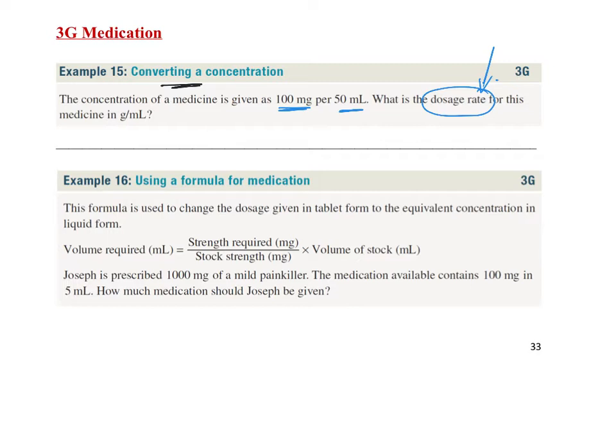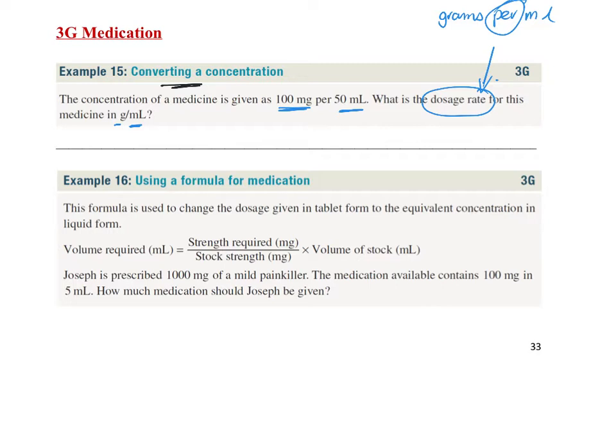They're wanting the rate to be in grams per millilitre. A rate is just something like kilometres per hour, metres per second. It's something like you do something per a time frame, or something per a quantity of liquid, etc.